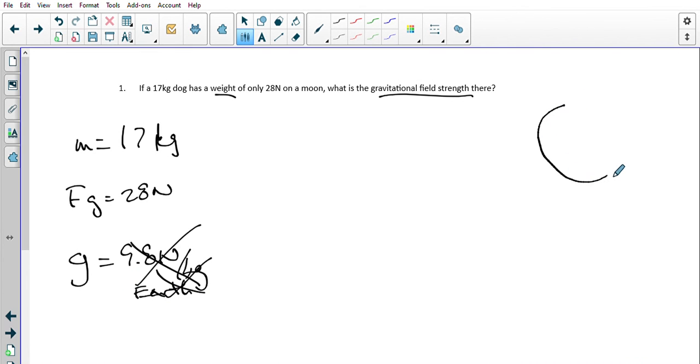Okay, so here's our moon. Here's our craters. And this is how we know we're on the moon. Here's a footprint. Here's another footprint. Here's our boot.